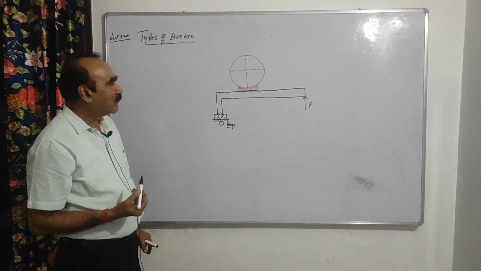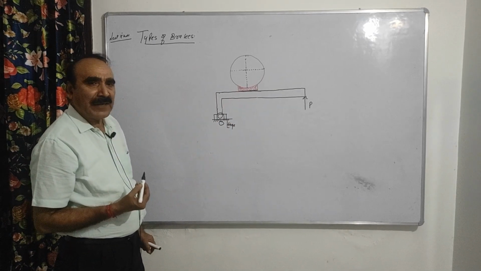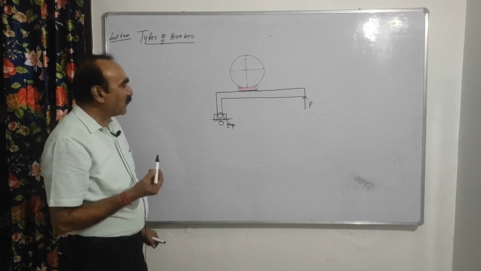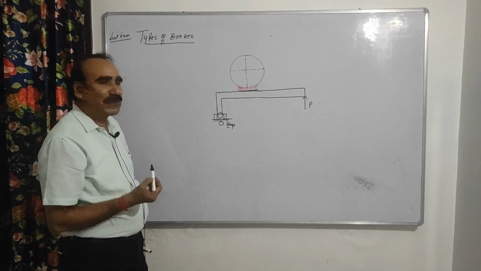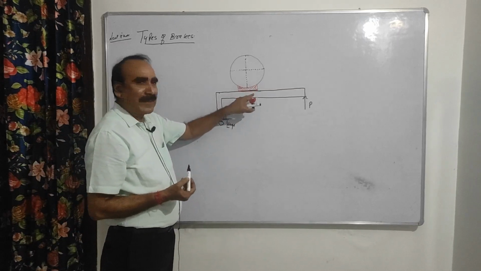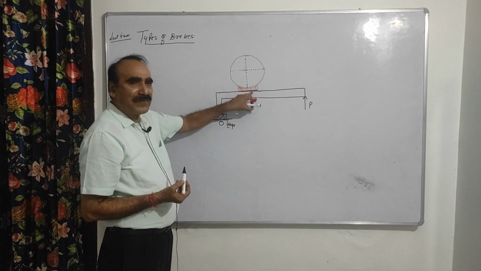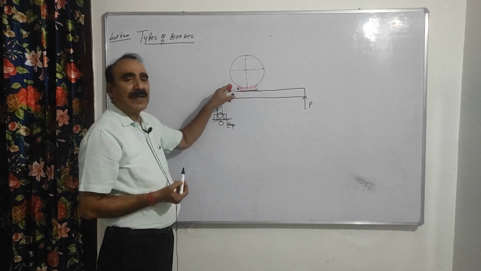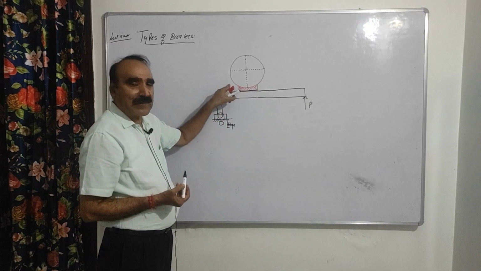There is a relative motion between the shoe and the drum, and a frictional force will be produced between the contact surfaces of the shoe and drum. That friction force will oppose the rotation of the drum.